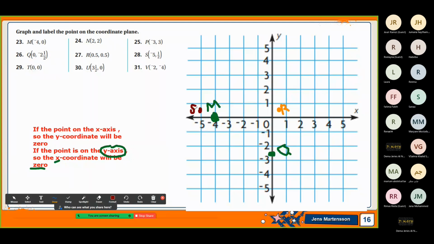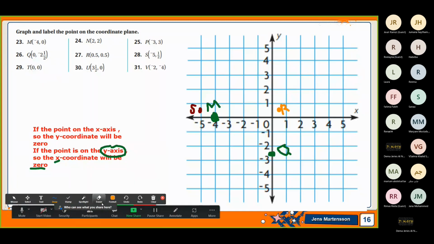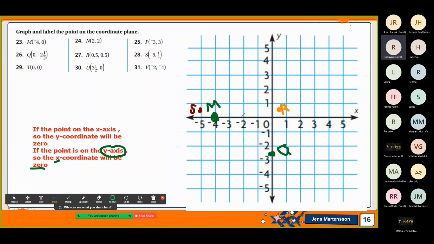Now, Salma. I think she's absent. Rudaina. 0, 0. Where is it? What does it mean? Is it here, or here?